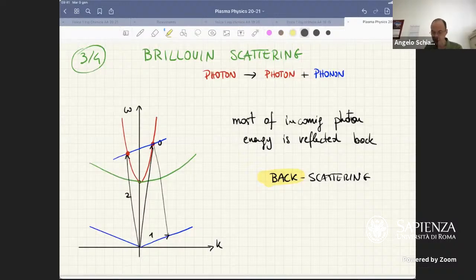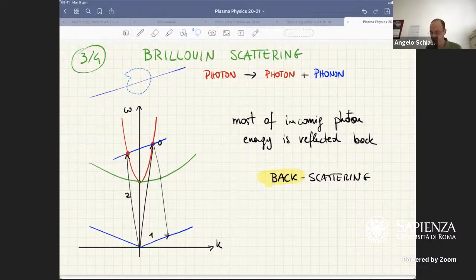And as you can see, there's no particular region where this can occur. I'm just doing this as a demonstration. If we take our dispersion relation, any point in the red curve and the dispersion relation of the photon can be easily connected with this line. So there are no particular limitations on the region or the frequency of the wave where this process can occur.